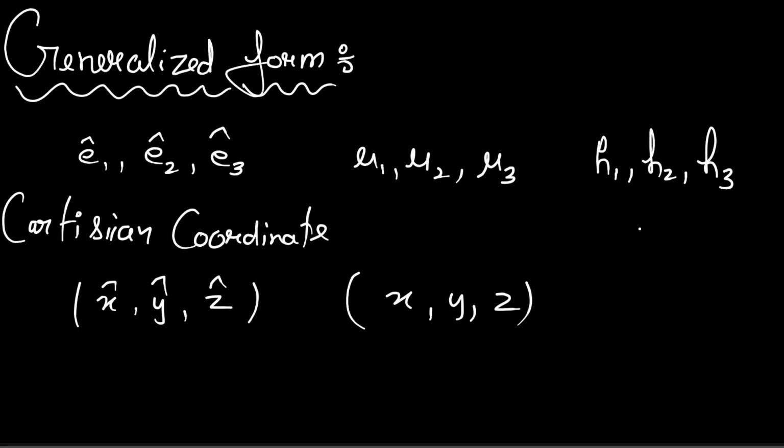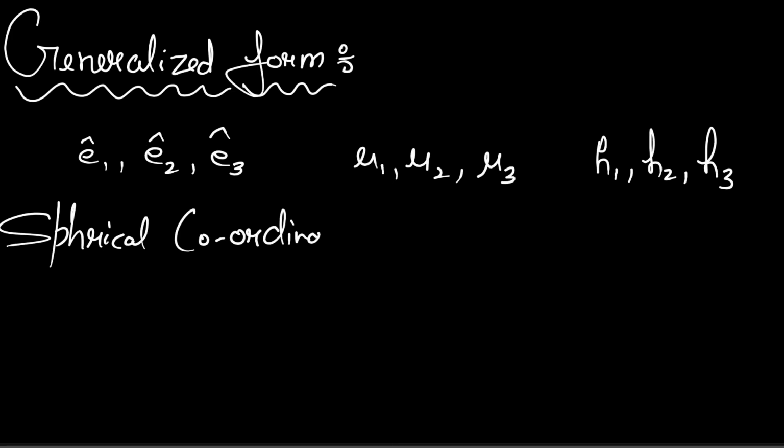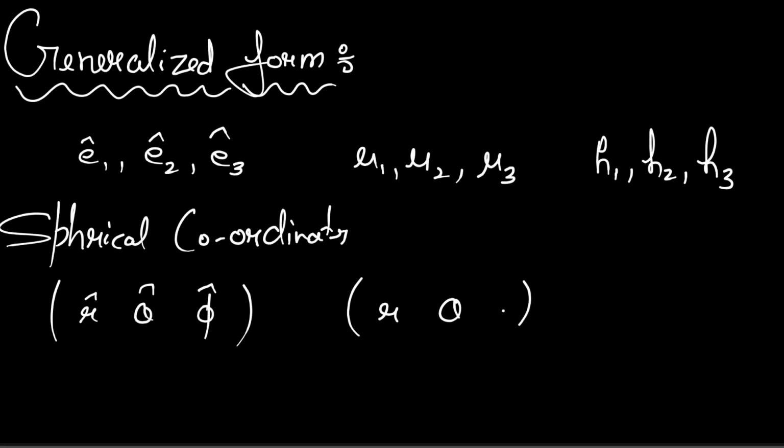Then for spherical coordinates, E1, E2, E3 are the r cap, theta cap and phi cap, and u1, u2, u3 are r, theta and phi, and their h components are 1, r and r sin theta.